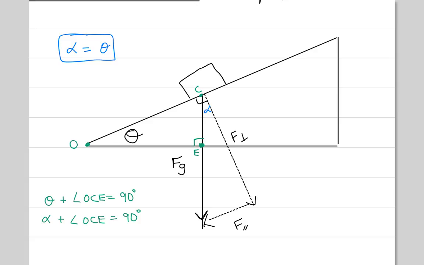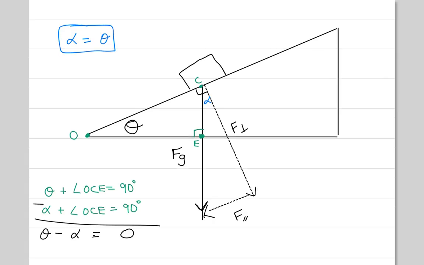Those go away, and you have theta minus alpha is 0, which means they're the same. So theta minus alpha equals 0. Therefore theta equals alpha. And once you just accept that, then you can start working on this.